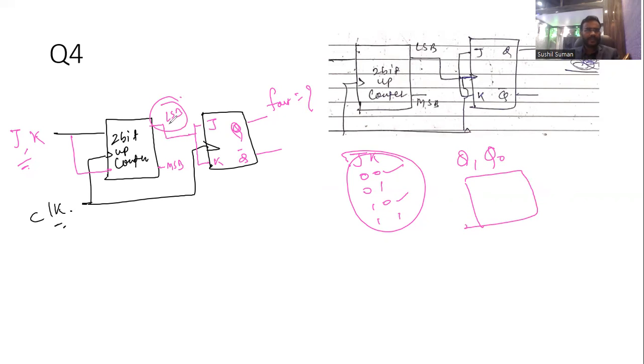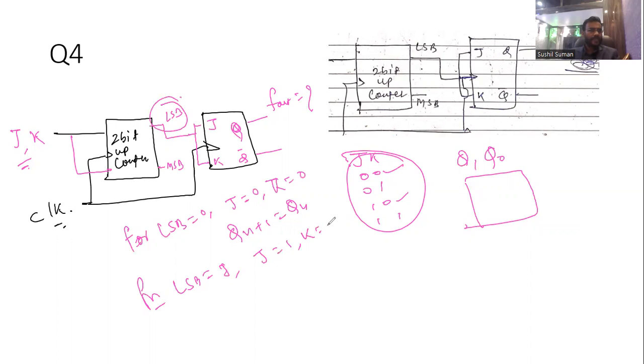For LSB equal to 0, J becomes 0 and K also becomes 0, so the next state is equal to the previous state. For LSB equal to 1, J becomes 1 and K becomes 1, so the next state is Q1 bar. There are 2 possibilities of each, because 2 times it becomes 0 and 2 times it becomes 1. So there are 2 possibilities of Q1 and 2 possibilities of Q1 bar.